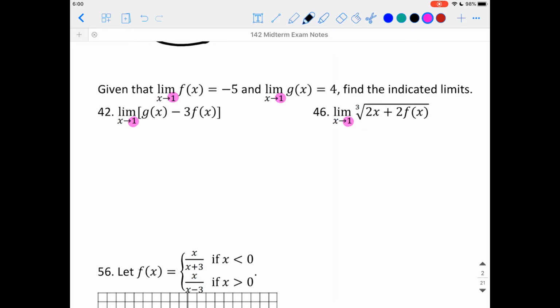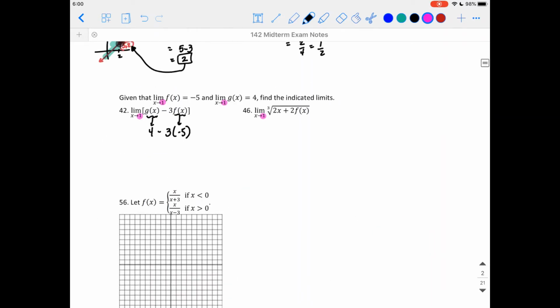So now, it's just going to be g of x, which is 4. So this is going to be 4 minus 3 times f of x, which is -5. So this is going to be 4 minus -15, or 4 plus 15, minus a negative is a plus, and we get 19. You can do the next one on your own, or just go along here.